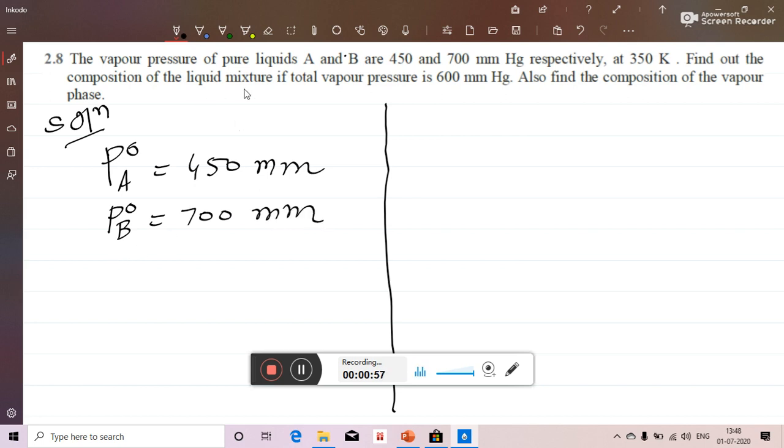We have to find out the composition of the liquid mixture if the total vapor pressure is 600 millimeter. So the total pressure is given and we have to find out the composition of the liquid mixture.